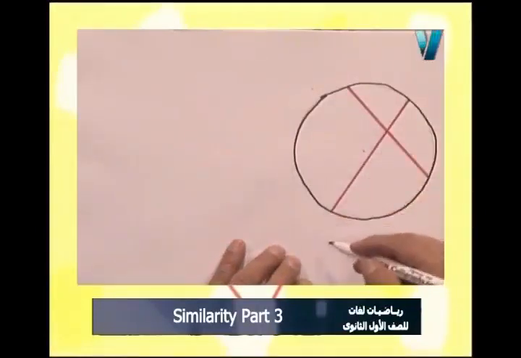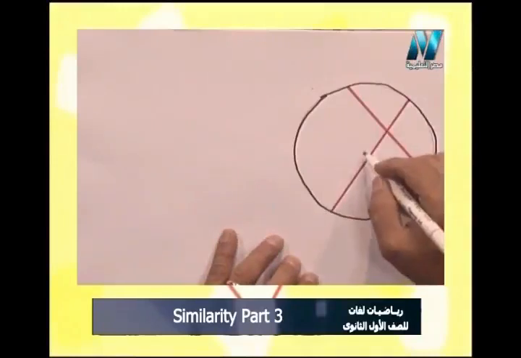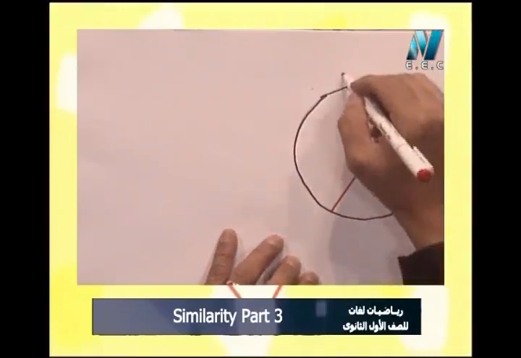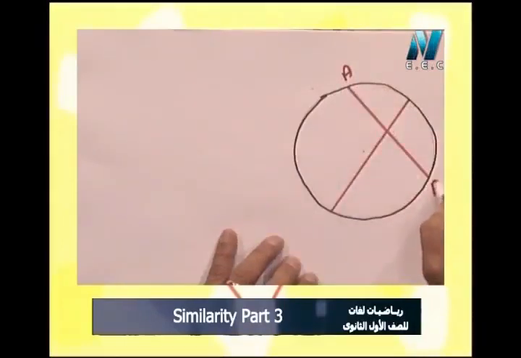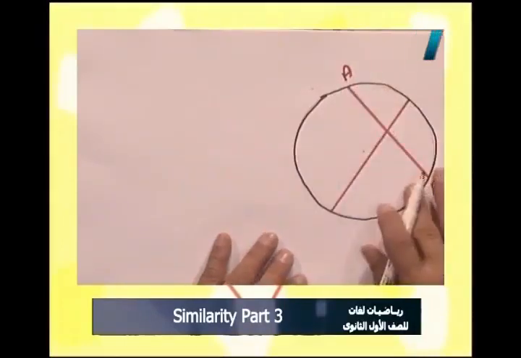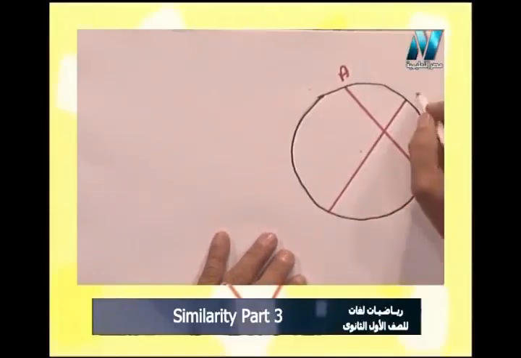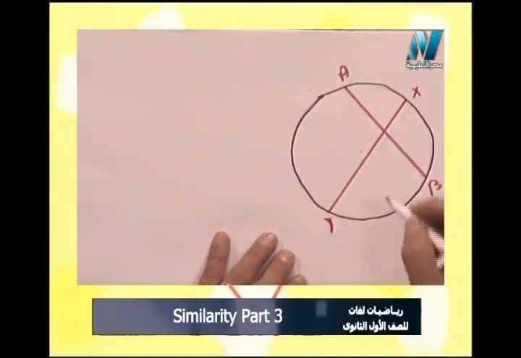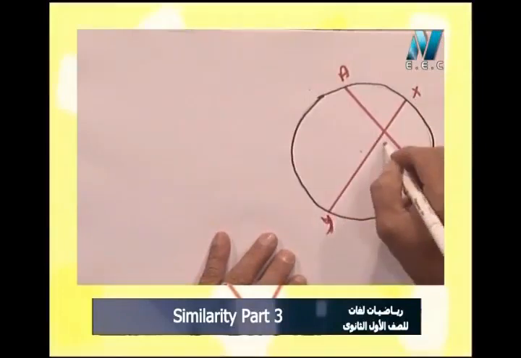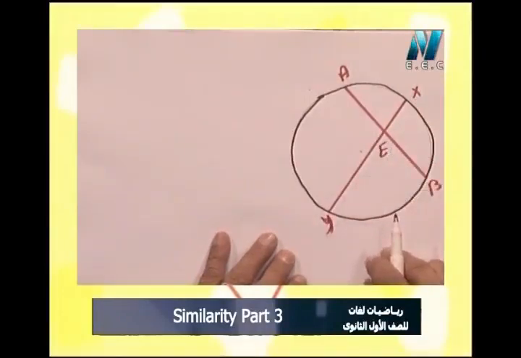It is not necessary to pass through the center of the circle. So we have the first one, AB, and the second, XY, and we have here the intersection point, which is E.